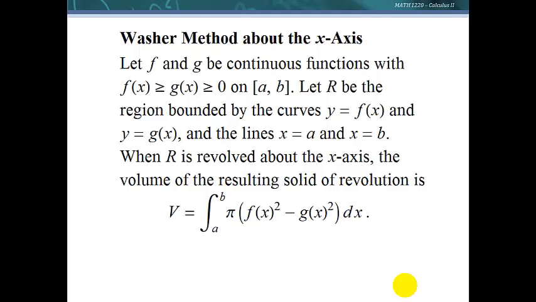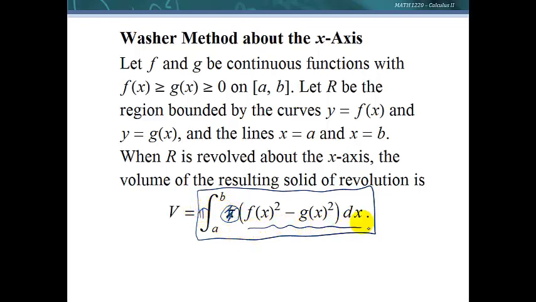When this region is revolved around the x-axis, the volume of the resulting solid then would be this integral from a to b, and it is just simply the disk, which is pi f of x squared, minus the hole, which is pi g of x squared, and then we factor the pi out. And that's a good idea to do that, because then we know by properties of integrals we could actually move it right out here in front, and that will make it a little bit simpler when we find this integral.